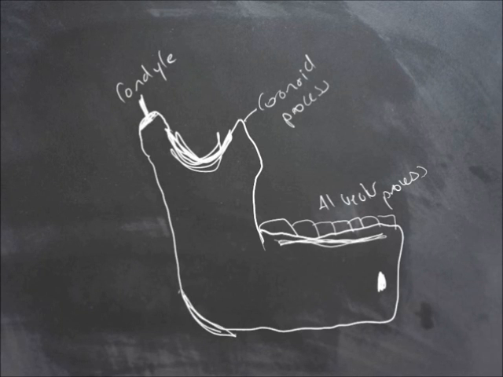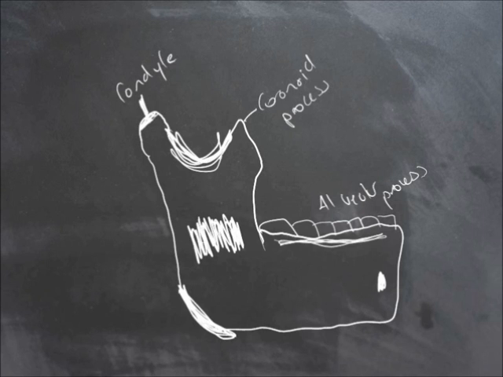This curve here is referred to as the angle of the mandible. This part, the ascending part, is called the ramus of the mandible. And this here is called the neck of the condyle of the mandible. So that's our external surface.